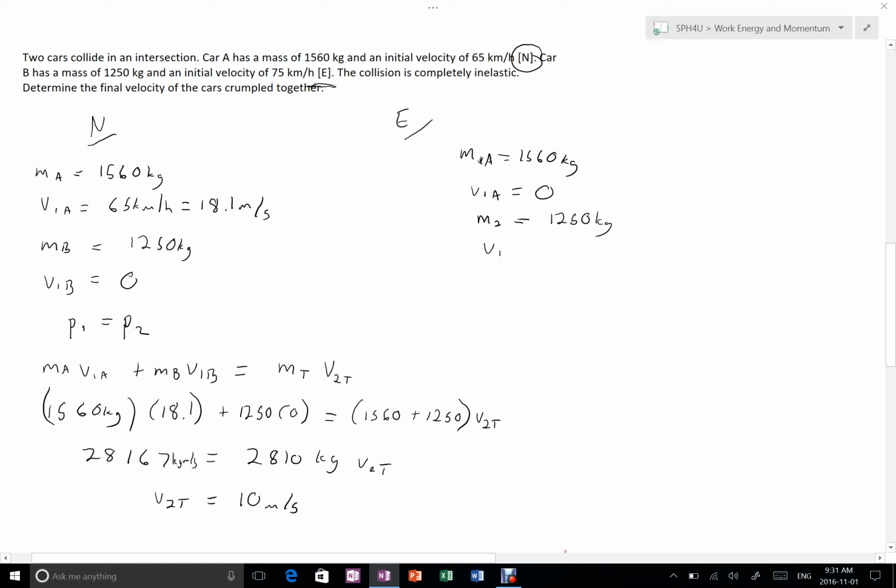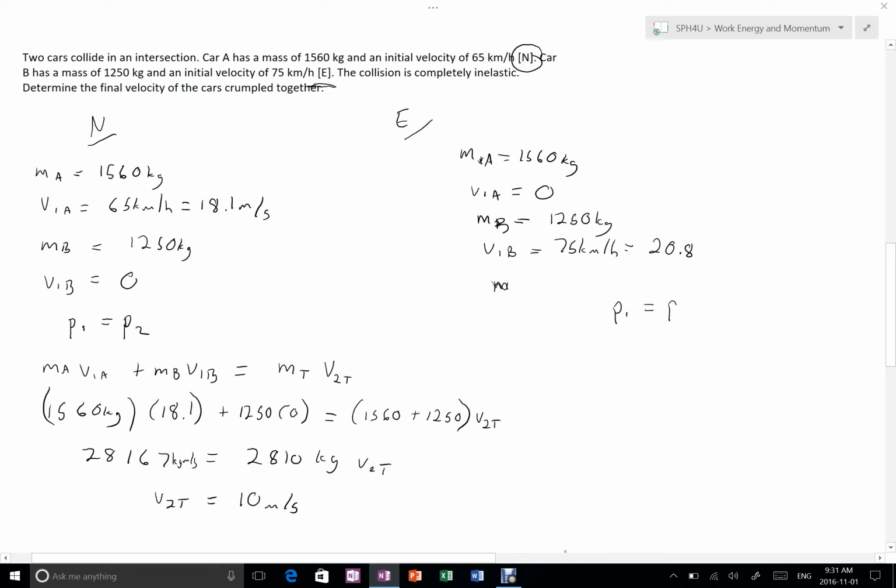Velocity 1B is 75 kilometers per hour, and I'm going to change that to meters per second, 20.8. I don't know anything about my final, so it's basically the same equation here.